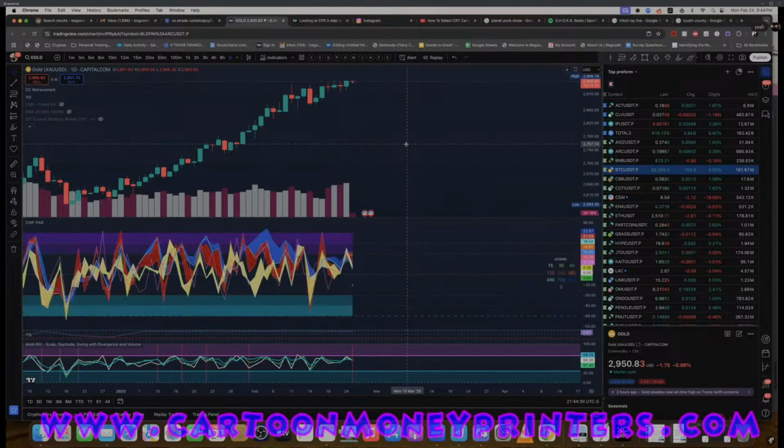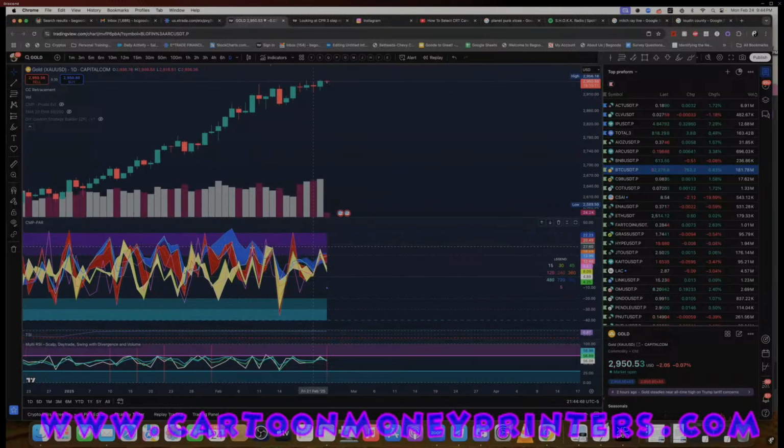I'd be a little bit concerned about a pullback at some point, because it's been up for a month, and this has been 7 weeks straight up on gold. So I would be a little concerned. And then looking out here, you do see a potential bear div on the red ribbon.